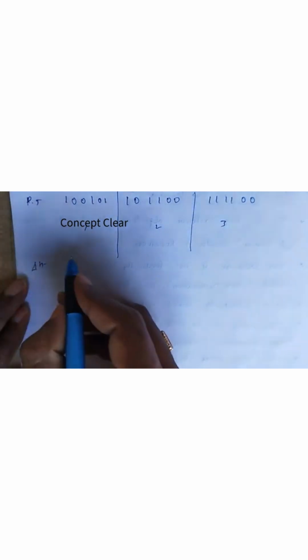Assume this is the first part, second part, third part. Next, what is the first part? The first part is 1 0 0 1 0 1. Here, what is the public key generated? The public key is 31.